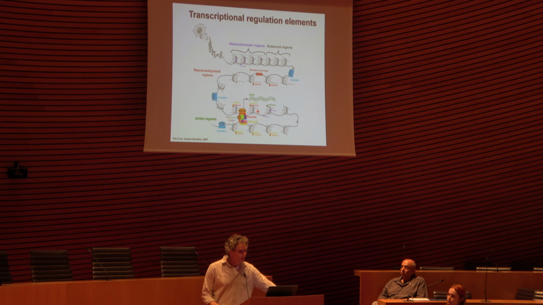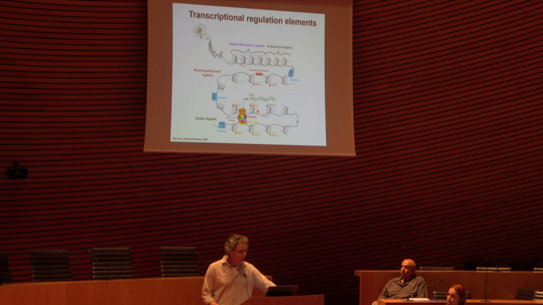So this is what you see here. For that to happen, the enhancer, which is a DNA sequence that binds transcription factors, associates with the RNA polymerase to start the transcription.